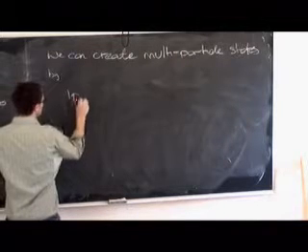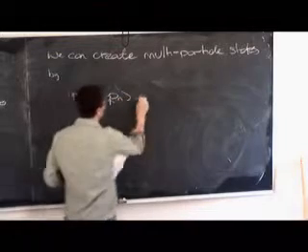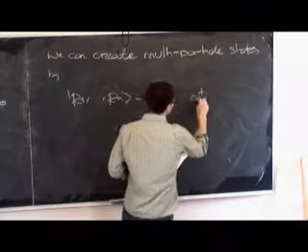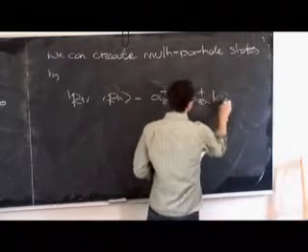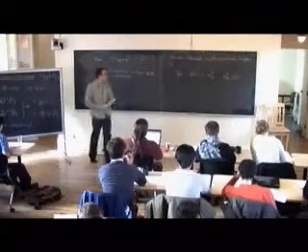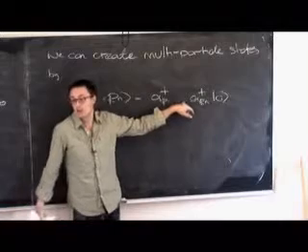An n-particle state is labeled by n momenta, and it's given by acting with n creation operators on the vacuum. Every time you act with a creation operator, this is a state with another particle.